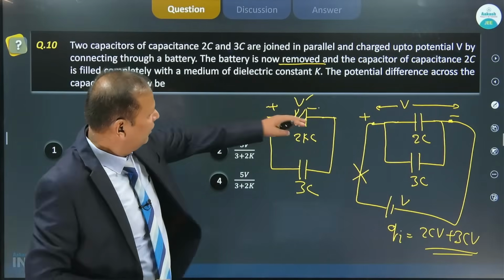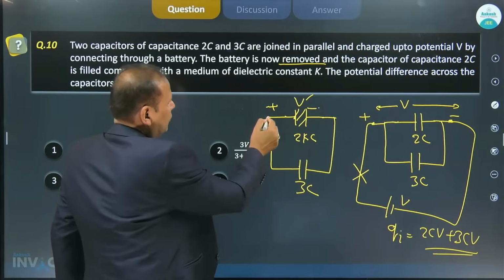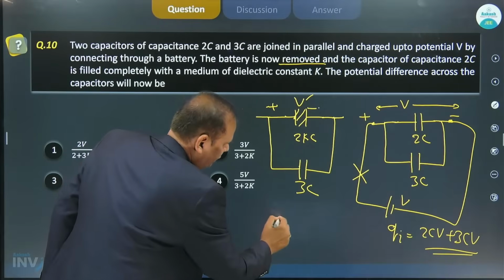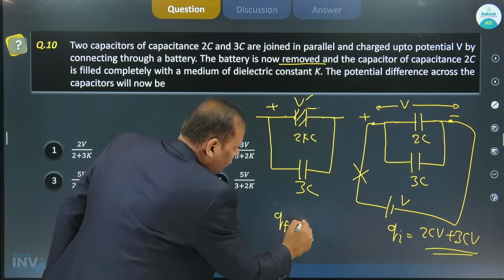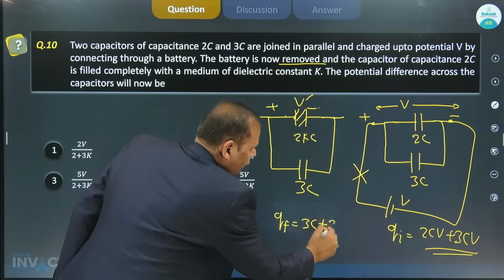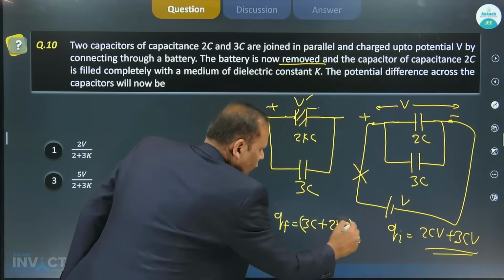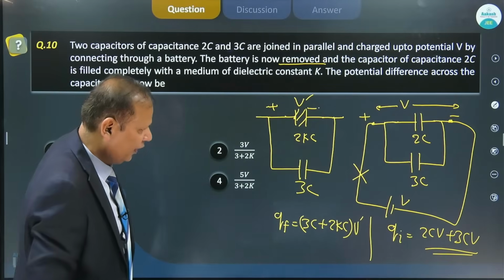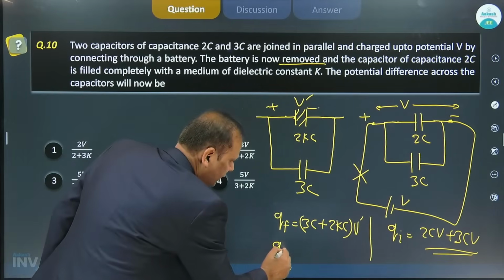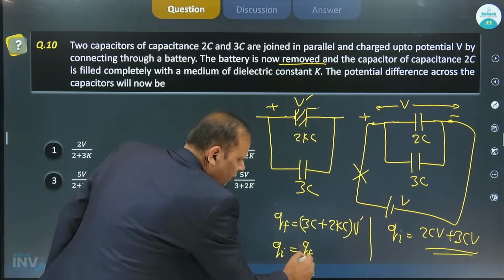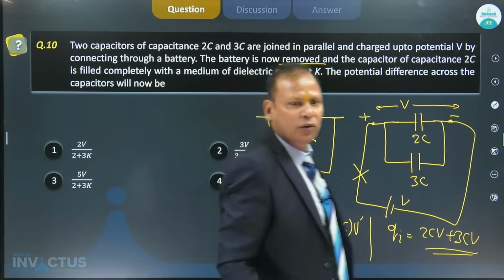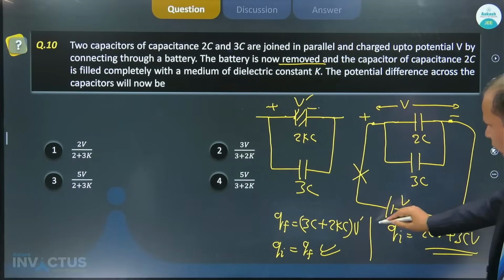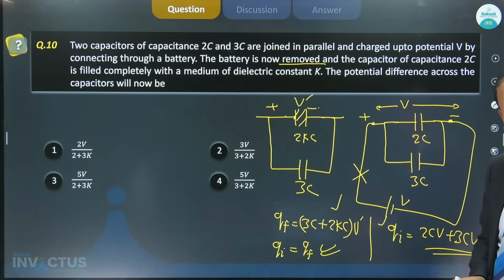So certainly they are in parallel. So net charge can be written as Q final is equal to 3C plus 2kC into V dash. Just equate Q initial is equal to Q final and you will get the value of K. So just put these two values and you will reach the solution.